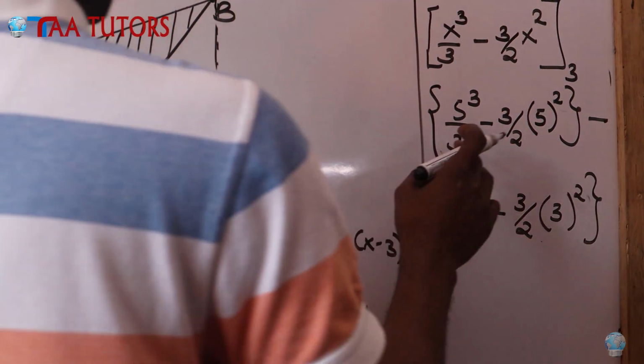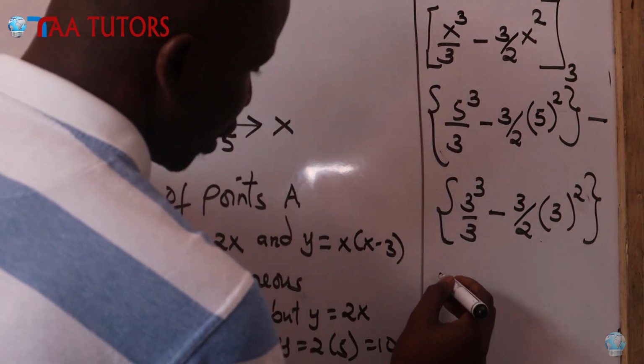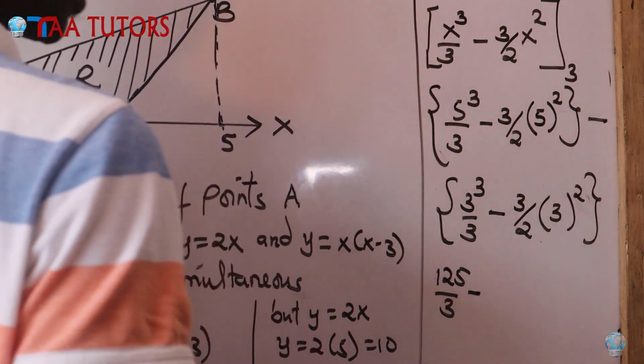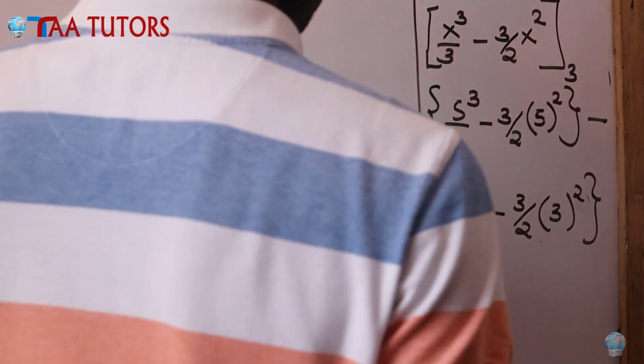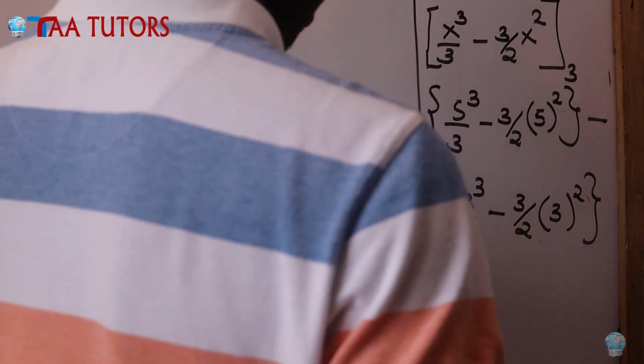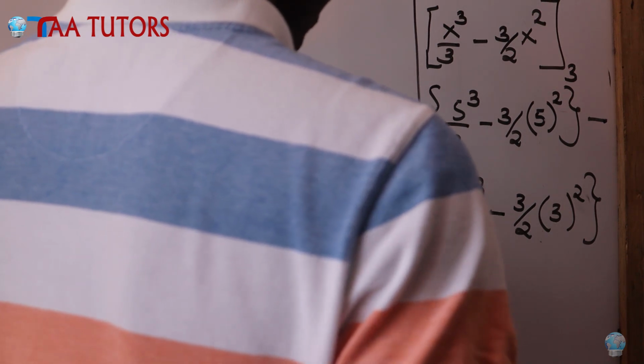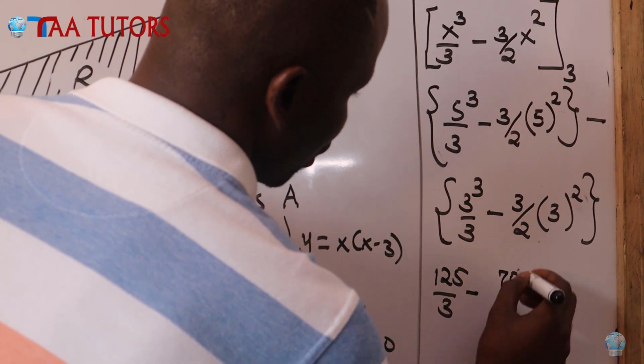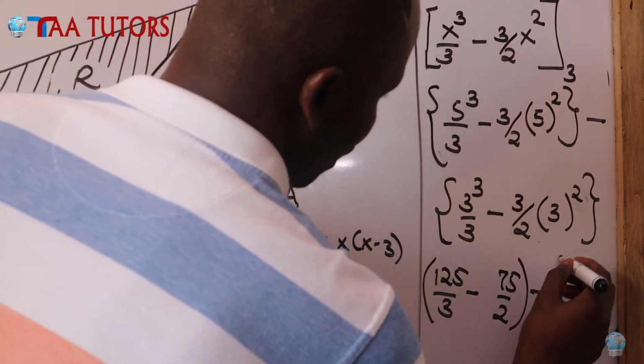So let's deal with this one. This is 125, so 125 over 3 minus, this is 25, 25 times 3 is 75, 75 over 2, minus.